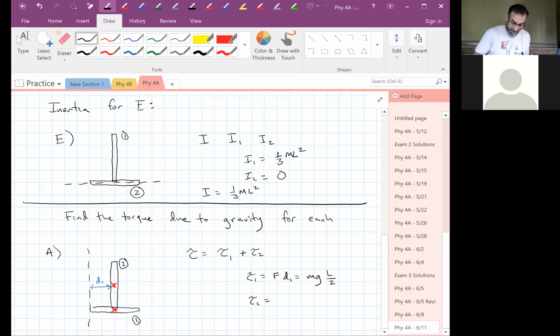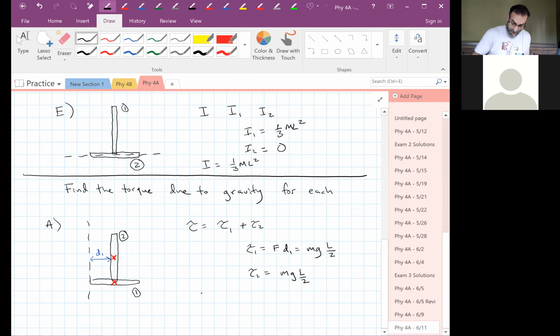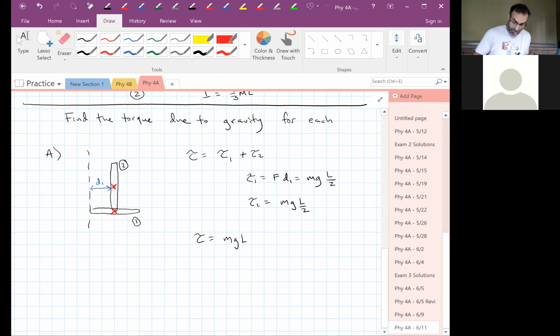We do the same thing for the other one, and we add them up. Because they're in the same direction, we can add them. It's vector addition. We good with this one? Okay, how about D?